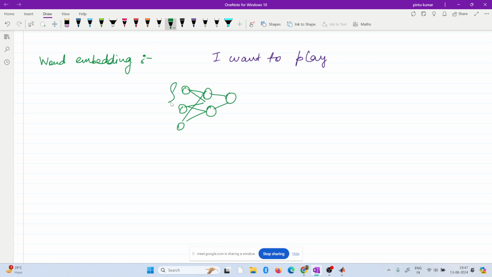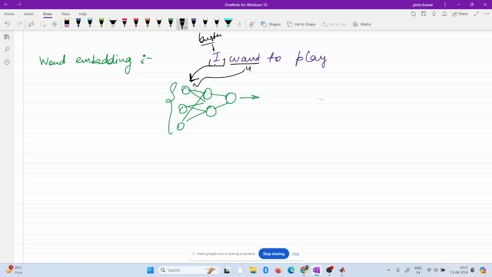So there is some fixed input length, and then you have some output based on it. But if you want to process one word at a time and predict whether this word is a noun, a pronoun or a verb, words have varying length. Want has 4 letters in it, I has 1 letter in it.